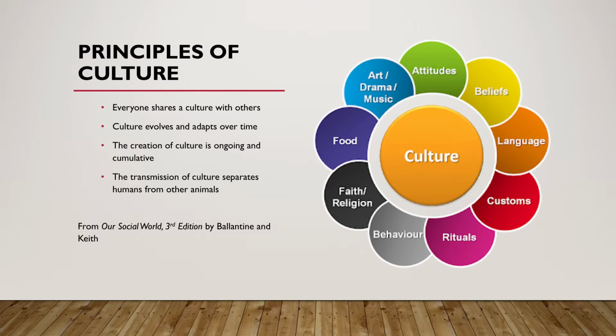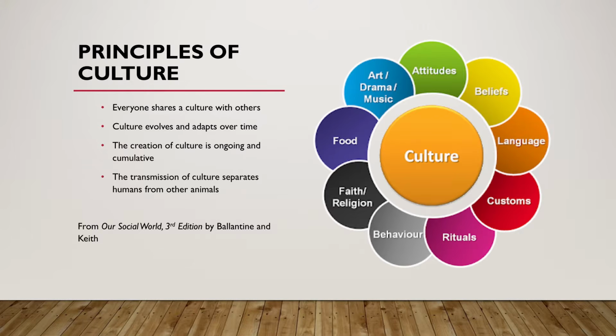So let me talk a little bit about the principles of culture. There's a couple of things that we believe as sociologists, those things that we believe as ethnic studies professors. We believe that everyone shares a culture with others. So culture is a shared aspect of being that gets shared from person to person. Culture evolves and adapts over time.